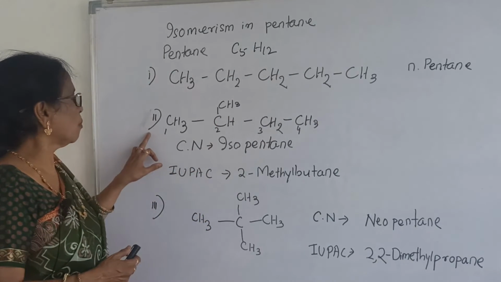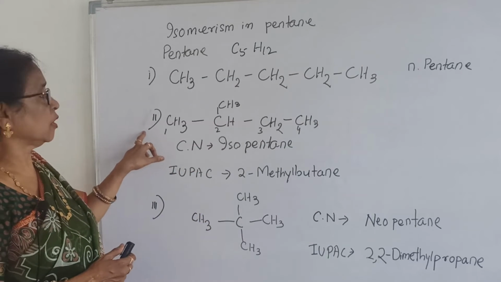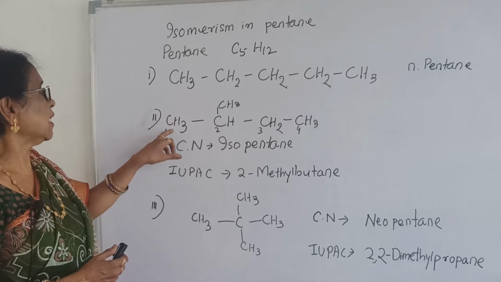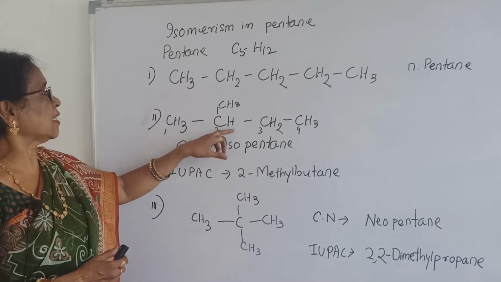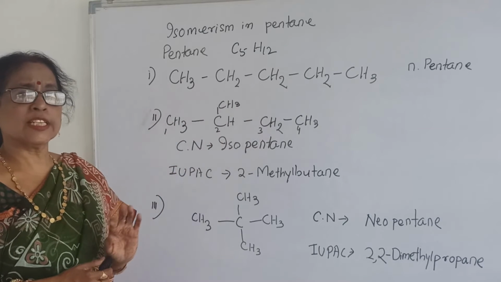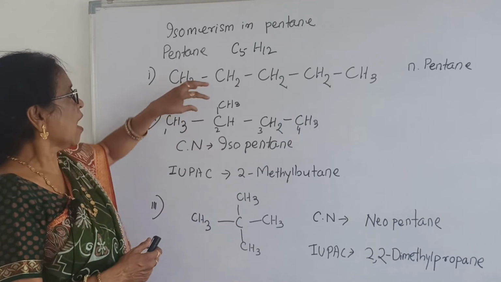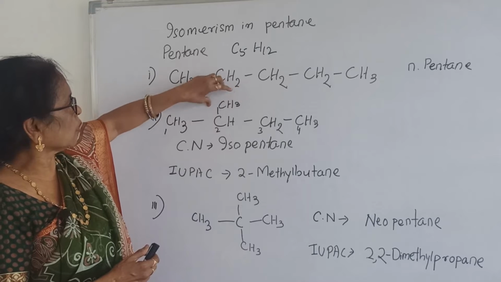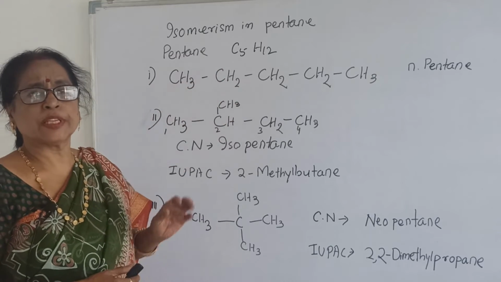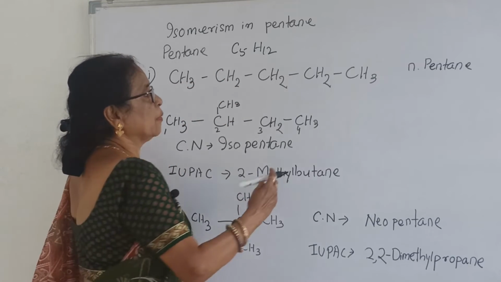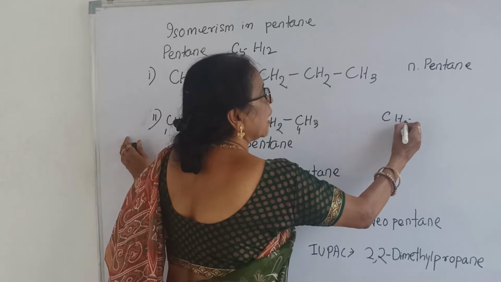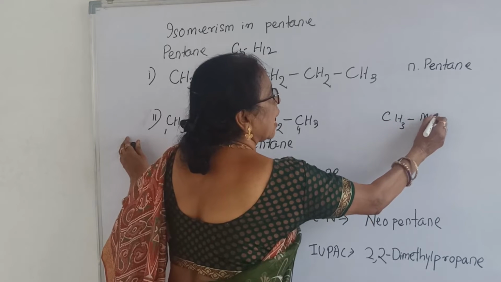Then come to number 2. CH3, CH2, CH3. That means here all the valency of carbon is satisfied. I told you before, this group is called methyl. If it is a CH3 group, then it is called methyl.